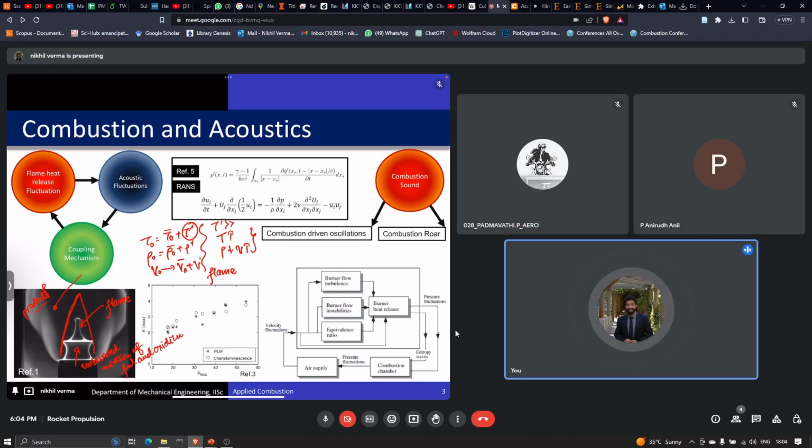So the disturbance amplifies. Density decreases, sorry, and the velocity also will increase, right? So we can say that this flame can be assumed as a source of sound, a source that amplifies whatever disturbance is there at the upstream, right?